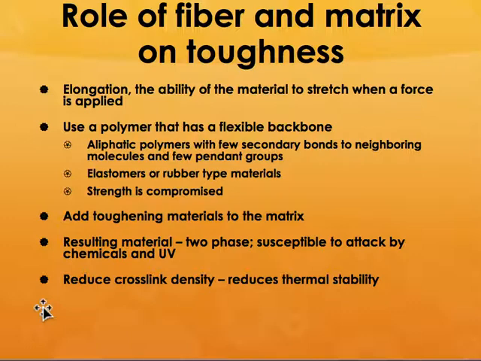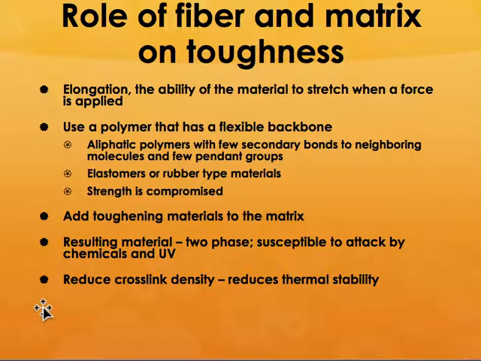These can also be different kinds of materials that you add to get other properties. Some of these toughening materials are thermoplastic in nature, or you might add some kind of rubber particles to toughen the material. But sometimes you get better toughness, but then it suddenly becomes susceptible to attack by chemicals and UV radiation.